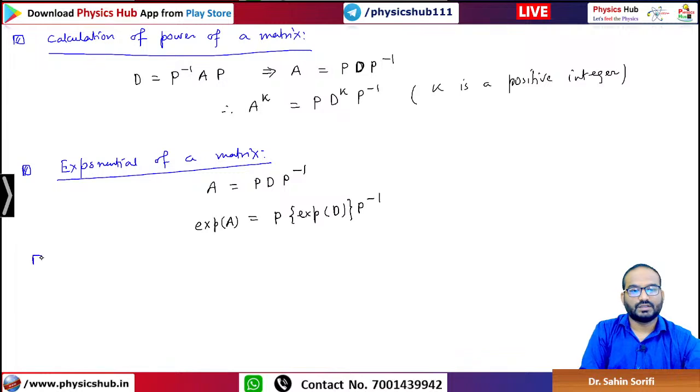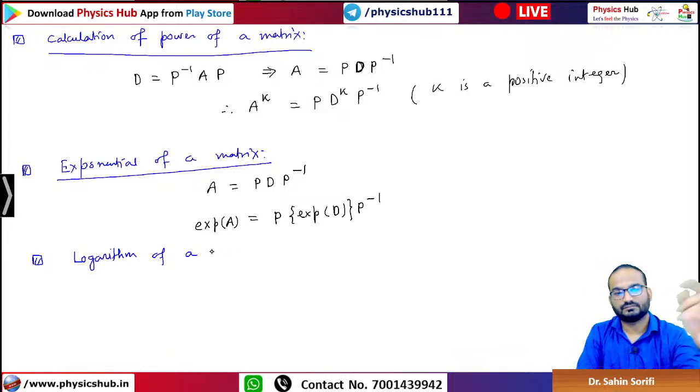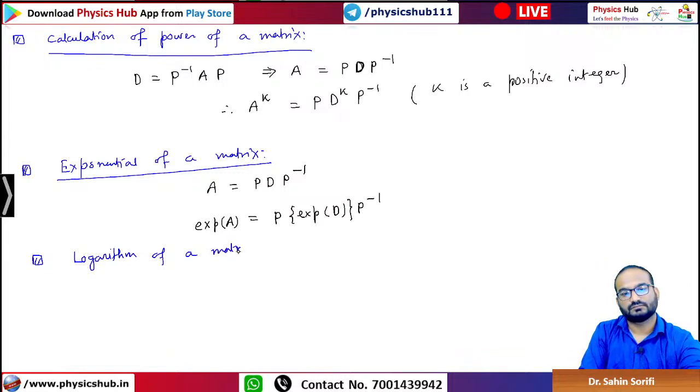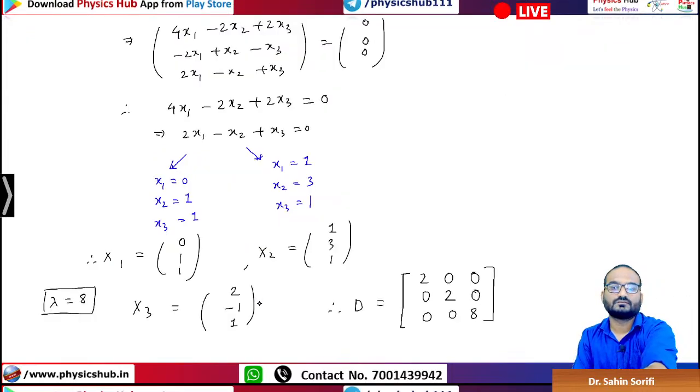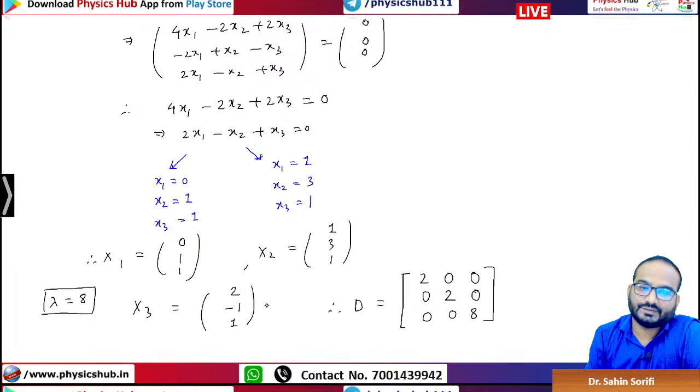Similarly, logarithm of a matrix will be done. Yes, with 0 2 also, but 0 2 is not linearly independent.